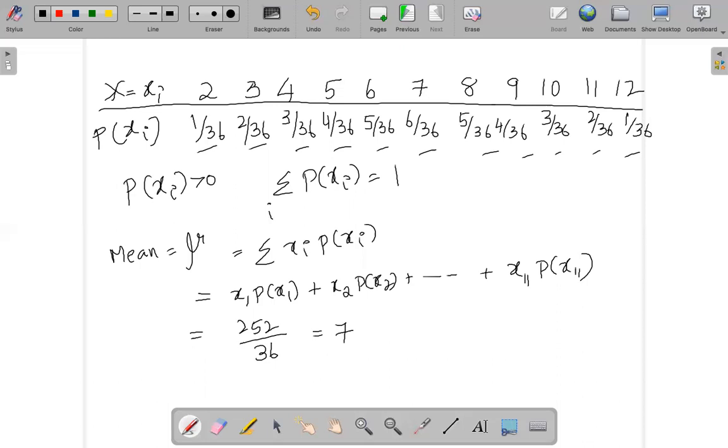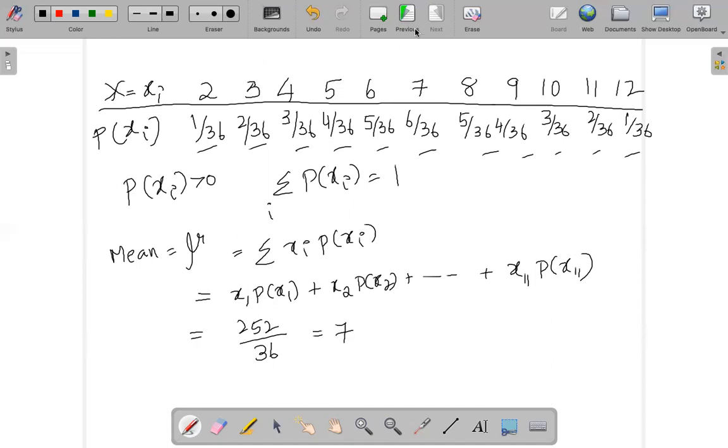You found the mean now. Shall we proceed with the finding of variance now?